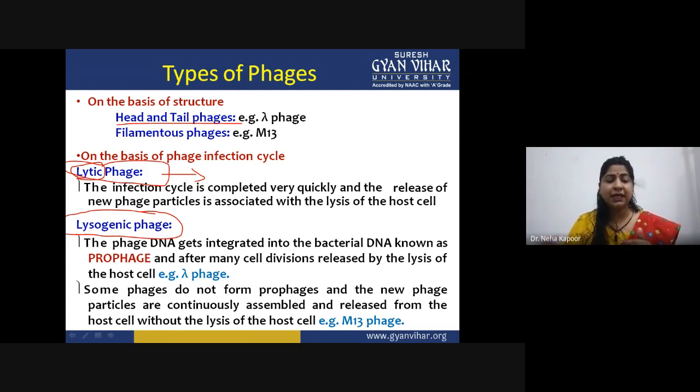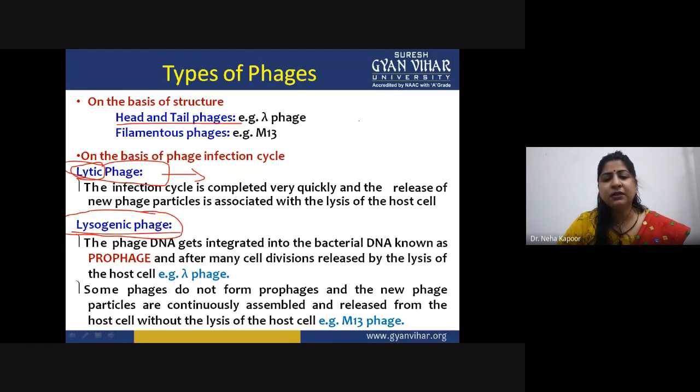On the other hand, the other cycle is the lysogenic cycle. In the lysogenic cycle, when the phage DNA is inserted inside the host cell, it gets integrated into the bacterial DNA. When it gets integrated into the bacterial DNA, it is known as a prophage.